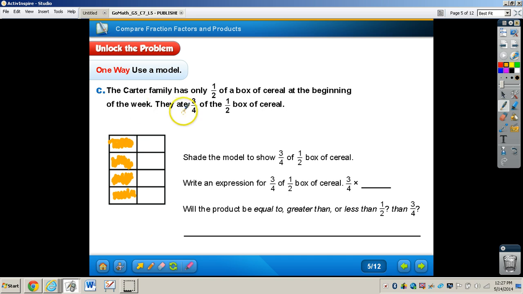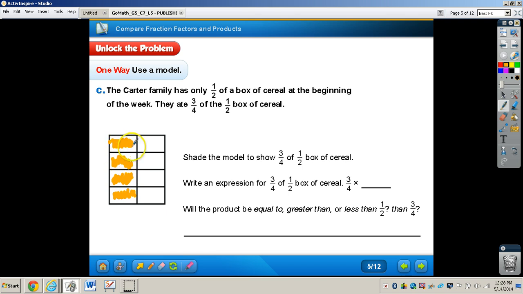Okay, now what the Carter family did is they actually ate 3/4 of this 1/2. Okay, so I can see that this half section is divided up into 4 parts. So I need to color in 3 out of the 4 rectangles.